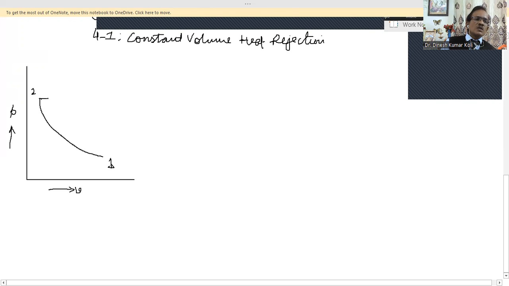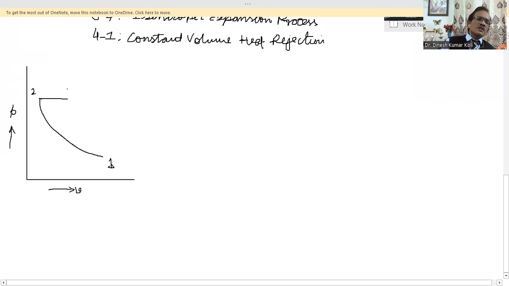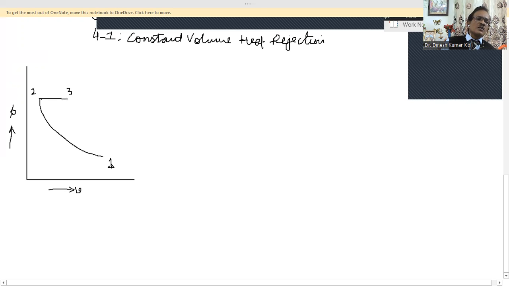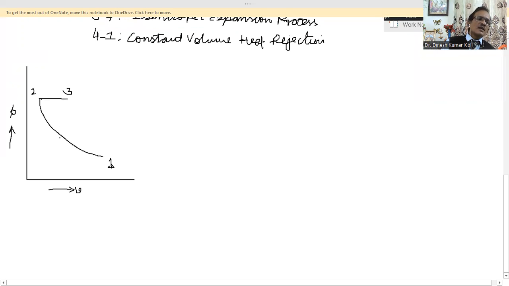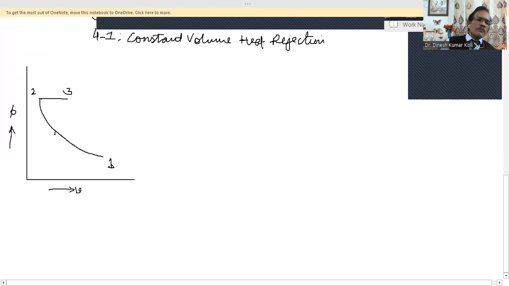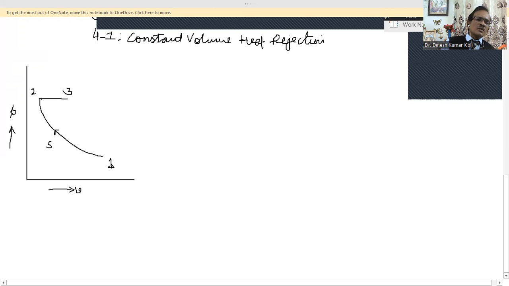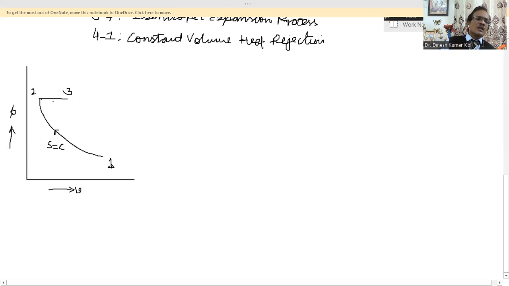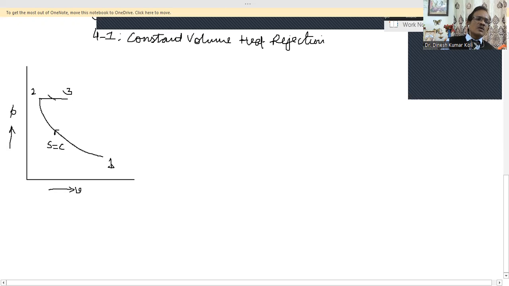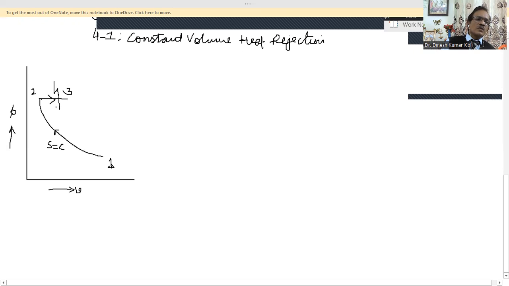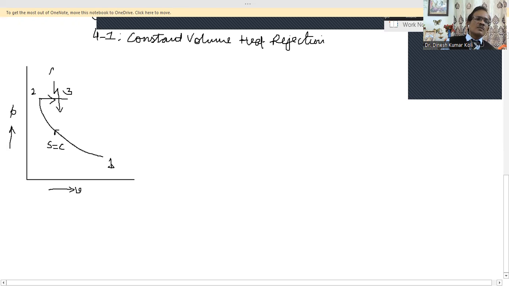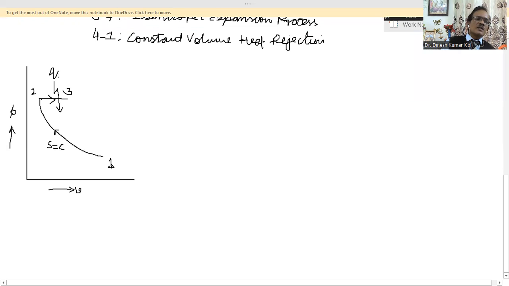This is 2 to 3, and this point is 3. So 2 to 3 is constant pressure heat addition. For 1 to 2, isentropic compression, the entropy remains constant, so we write S equals constant. Then 2 to 3 is constant pressure heat addition.